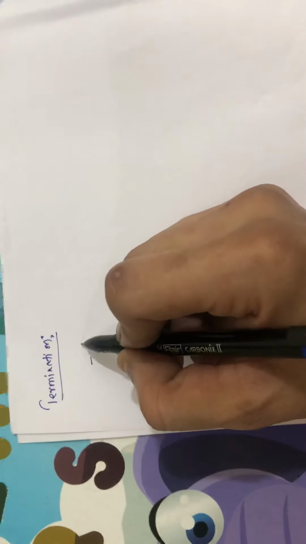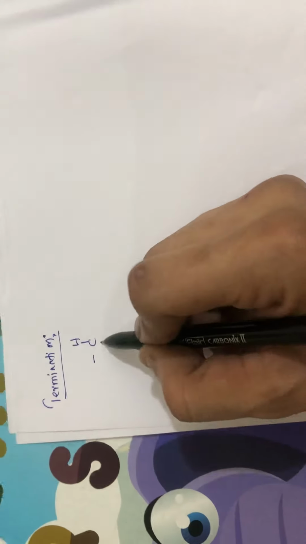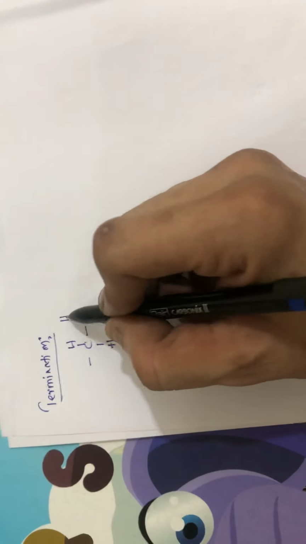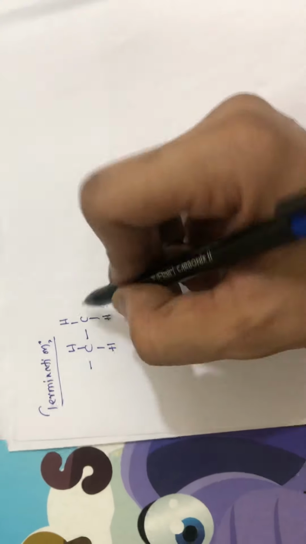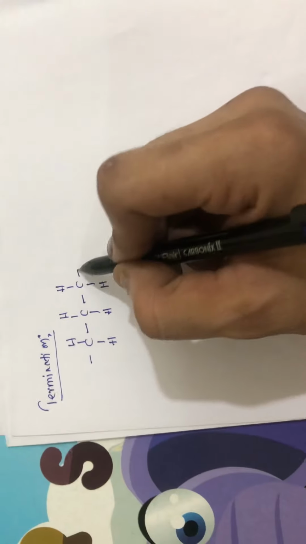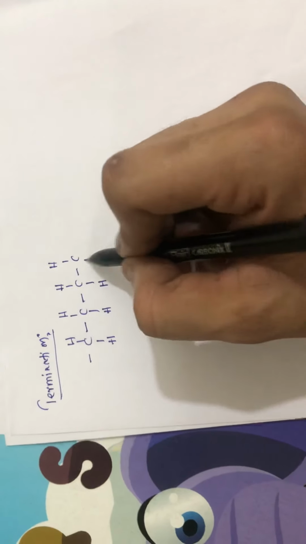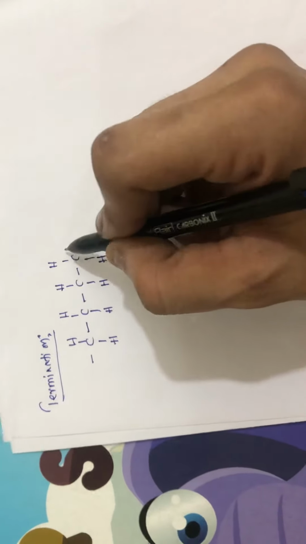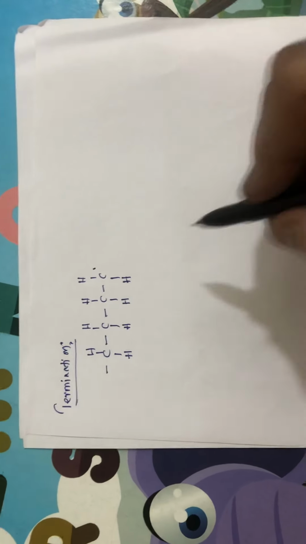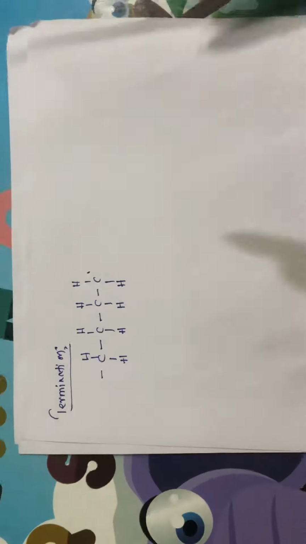a polymer chain like this: CH2 CH2 CH2 CH2, like this, right? The chain is a long one.